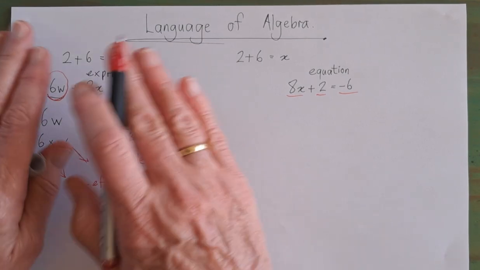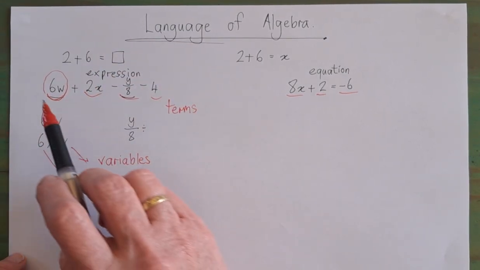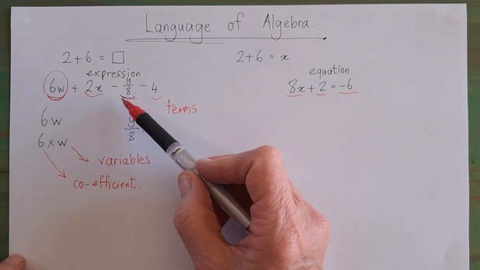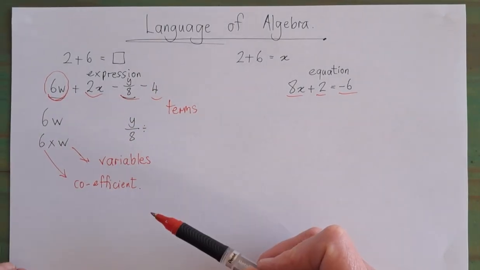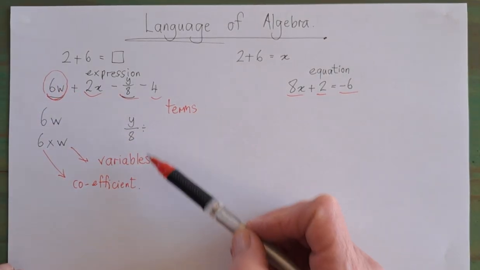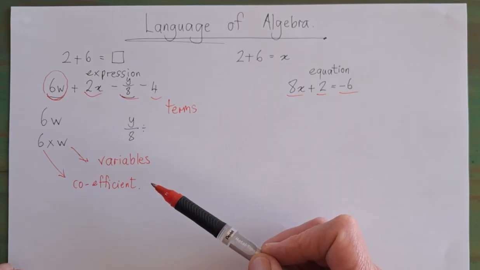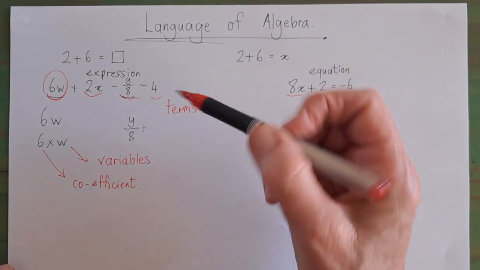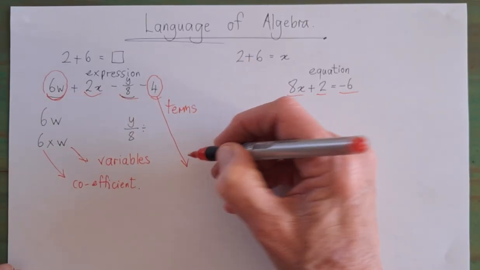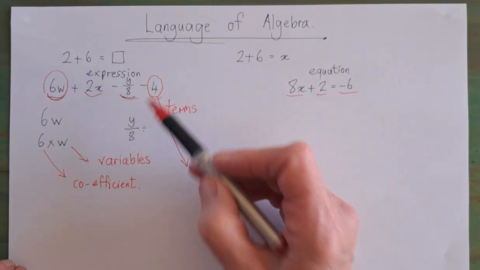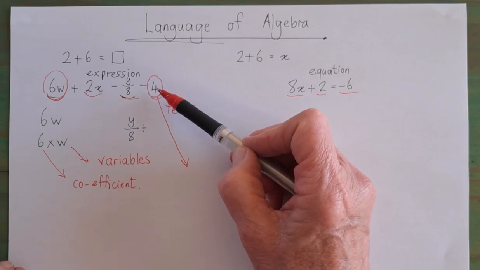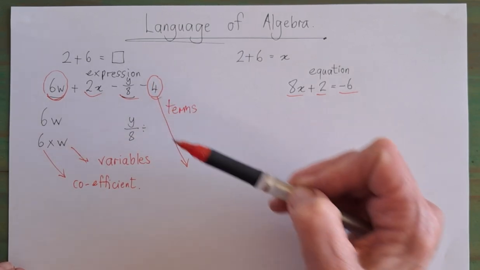So just to put this all together, we have an algebraic expression because it has no equal sign. It has 1, 2, 3, 4 terms separated by plus and minus signs. Within a term, you could have multiplication as you've got there, or division as you've got here. And now we need to speak about this number 4. If we look at that number 4, it has no variable attached to it. It's not dividing into a variable or being divided by a variable or multiplied by a variable.